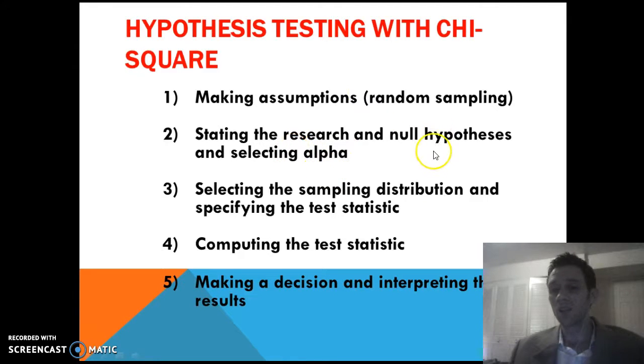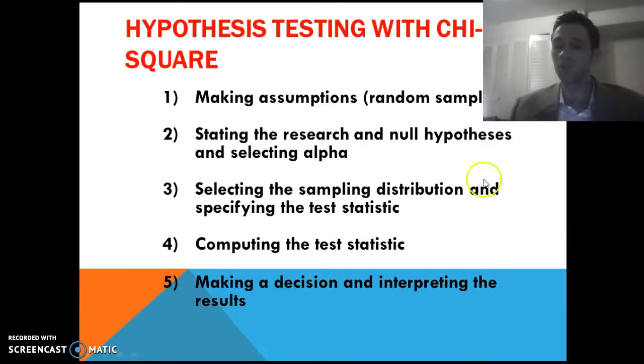We state our null and research hypothesis, or our null and alternative hypothesis, as I like to call it. We set our alpha level, often at 0.05. And now this makes a little more sense. We select our sampling distribution and test statistics. So are we doing a z-score with the normal distribution, or a chi-square with a distribution based on the number of degrees of freedom? We compute that test statistic, either the z-score or the chi-square. We make a decision and interpret the results.